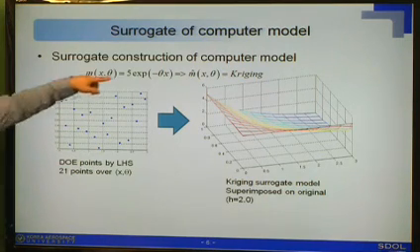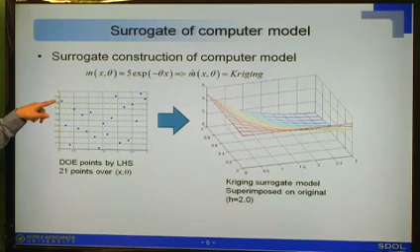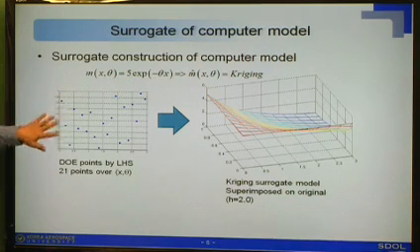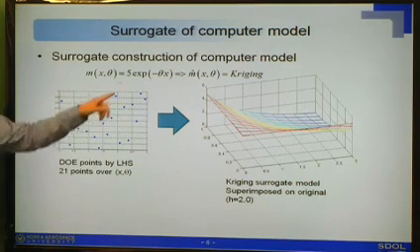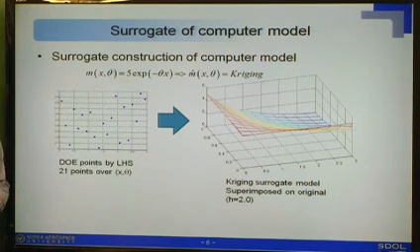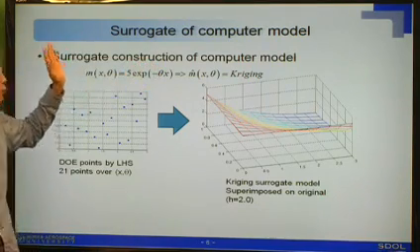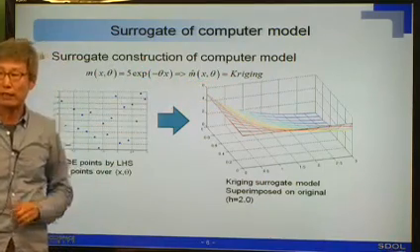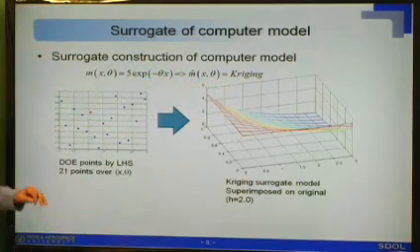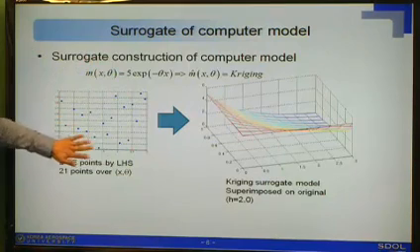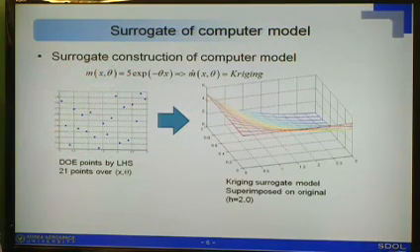And the computer model output is obtained at each of these points, assuming this is very computationally expensive. And this will be thrown away, replaced by surrogates, based only on the finite number of outputs, 21 outputs. This is the idea.